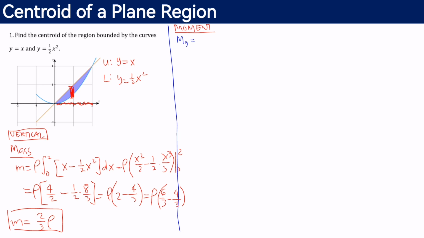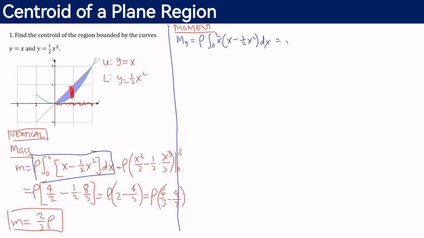So it's just the mass. So exactly this integral here. So you have rho, integral from 0 to 2 of x minus 1/2 x squared dx times the location with respect to y-axis, which is x. So you can go back to the formula now to verify this one.